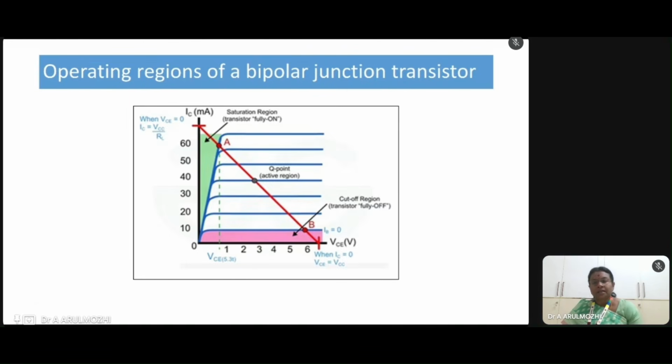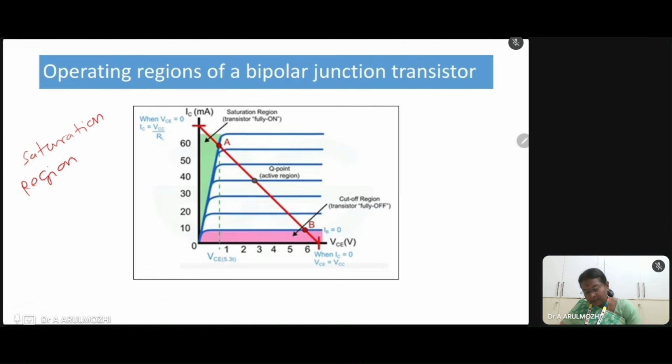Next, we will see the operating regions of a bipolar junction transistor. Here you can see the three main regions. The first one is the saturation region, which we have already discussed in the previous slides.